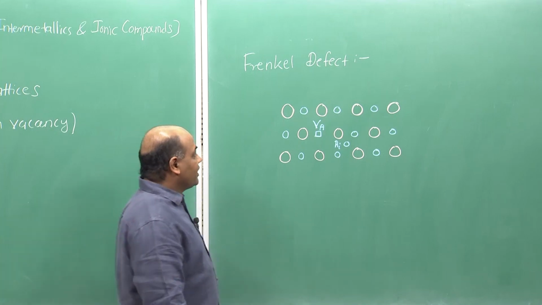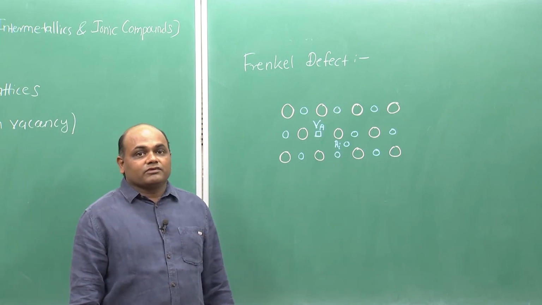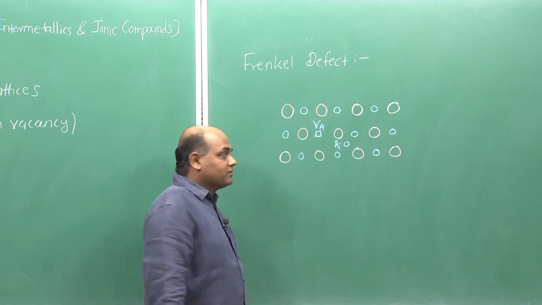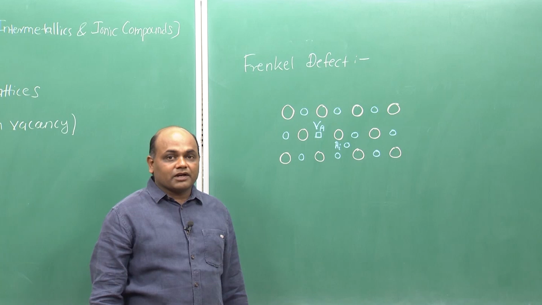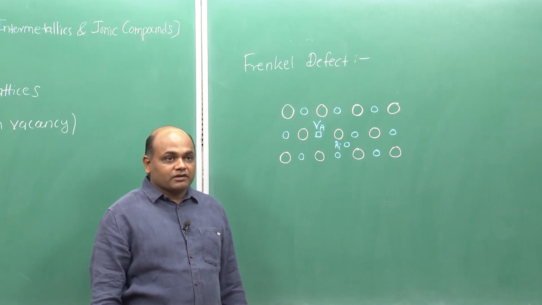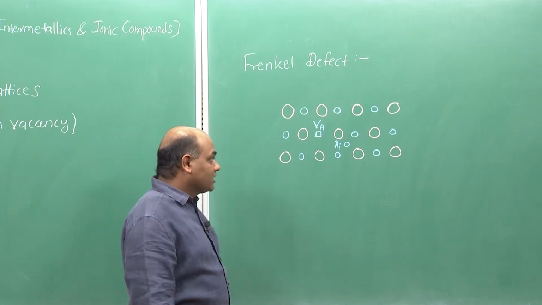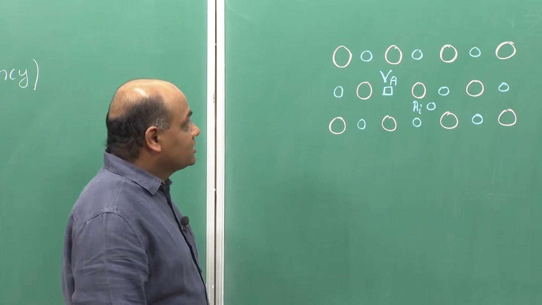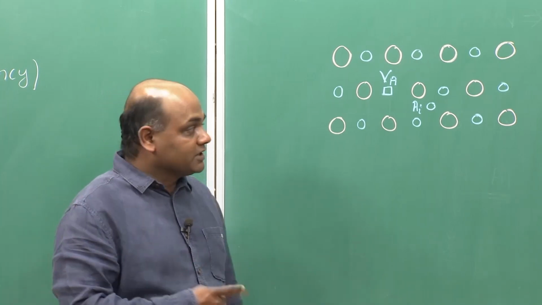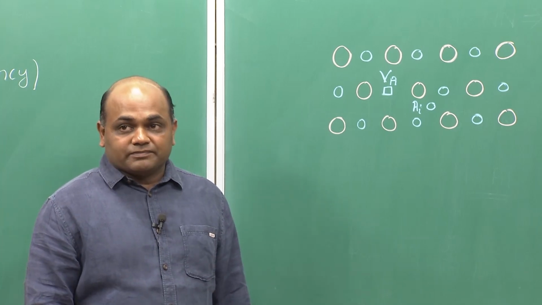For Frenkel defect, the equilibrium concentration of cation interstitial should be equal to the equilibrium concentration of cationic vacancy. Now, depending upon the charge difference and the energy required to form anionic vacancy, you can have a mixture of cation vacancies, anion vacancies, and the cation interstitials.